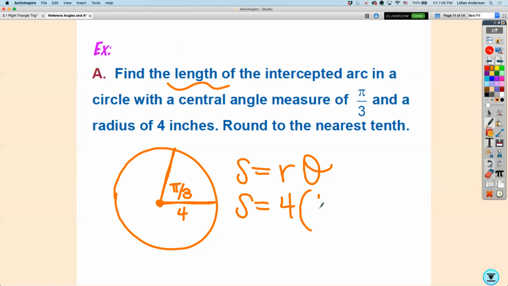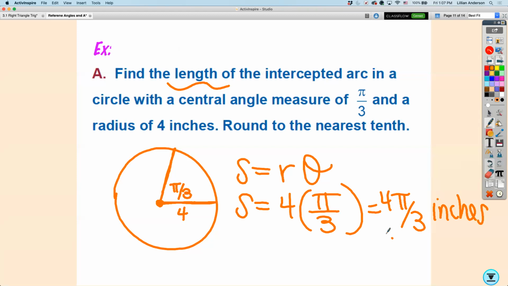So then all I do is take the radius and multiply it by the angle. This is going to be 4 pi/3 inches. But since it asks us to round to the nearest tenth, can someone do 4 times pi divided by 3 in their calculator and round it? 4.2.